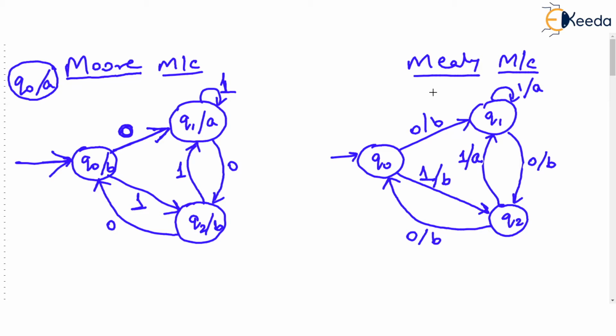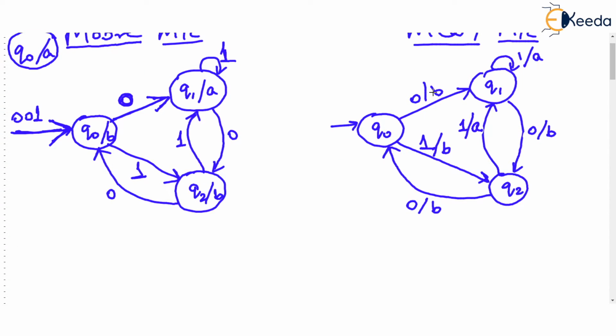Let's see if we give some input like 001 to this Moore machine, what will it produce? In short, the input here is 001, and the machine will initially be in the Q0 state.